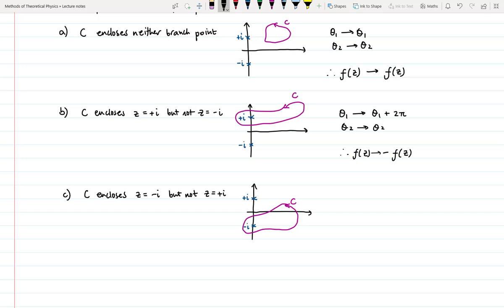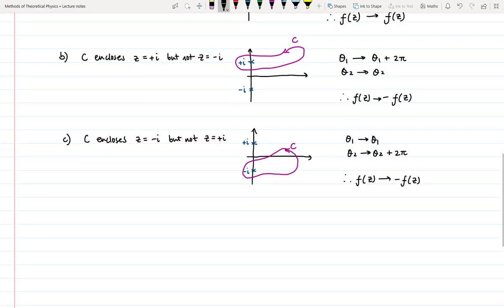You can convince yourselves that with this loop, θ1 will remain unchanged, but now θ2 is going to acquire 2π after a full circuit. Therefore, we have the same behavior as the example above, where the function is going to acquire a factor of minus 1. This confirms that z equals minus i is also a branch point of our function.